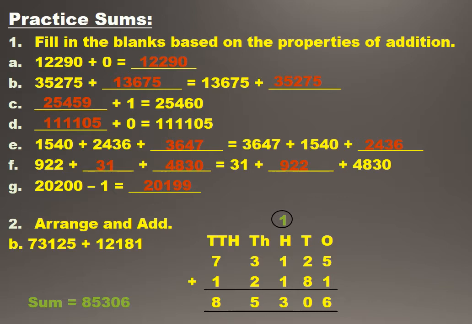Right? D part, this is from your book. Dash plus 0 is equal to 1,11,105. So when we add 0 to any number, that results in the same number. So what comes here? The same number, that is 1,11,105.